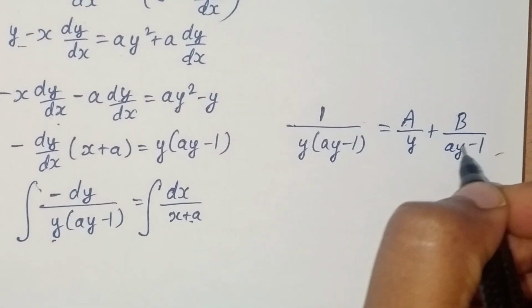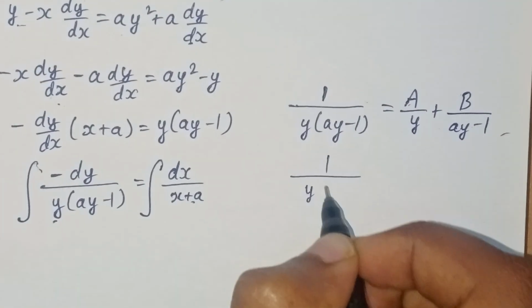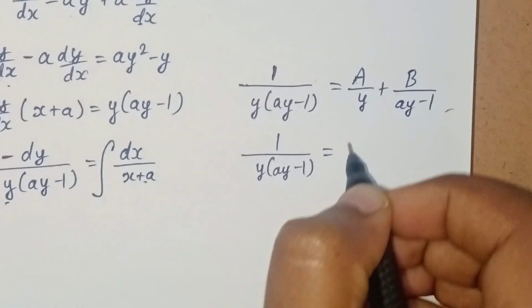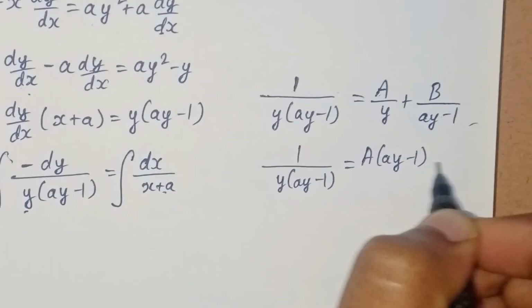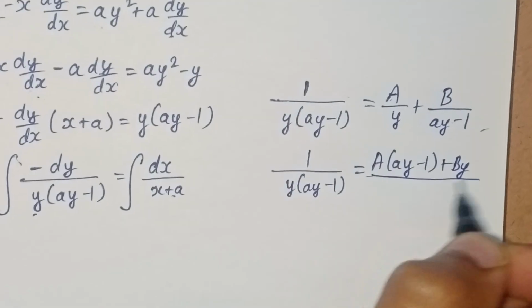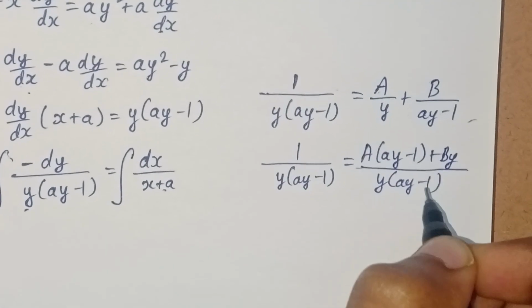Now we add these two terms. Then we get 1 by y(ay minus 1) equals (A(ay minus 1) plus By) by y(ay minus 1).